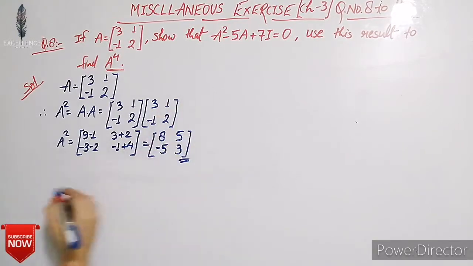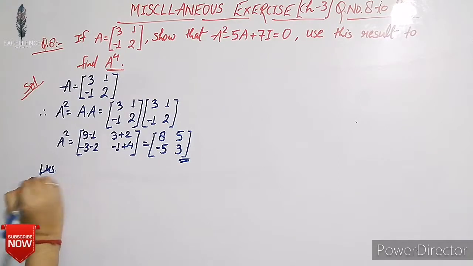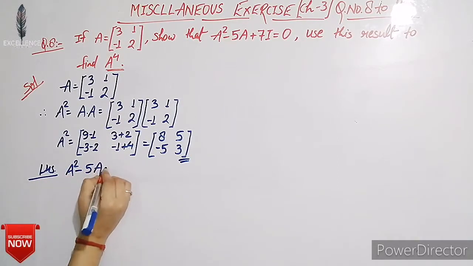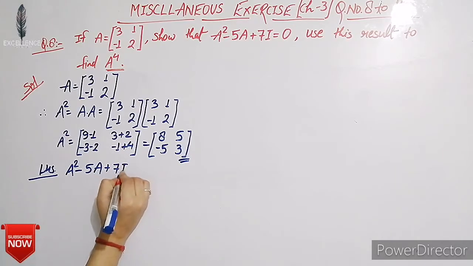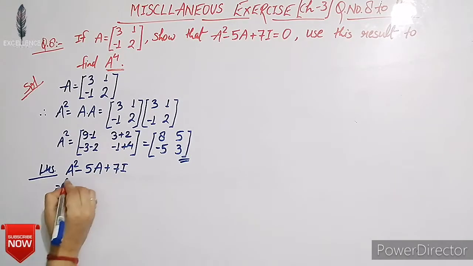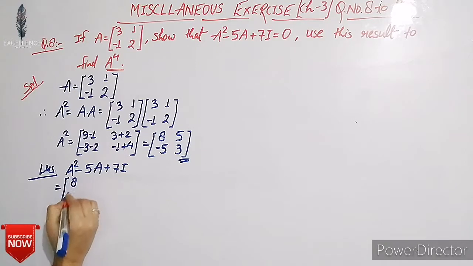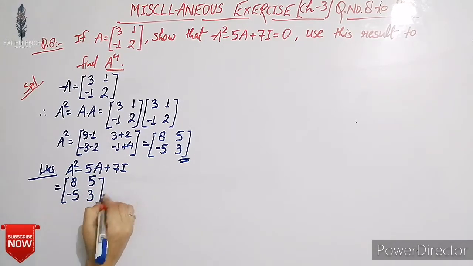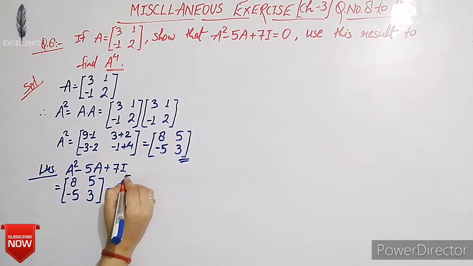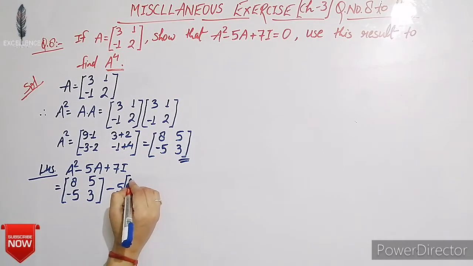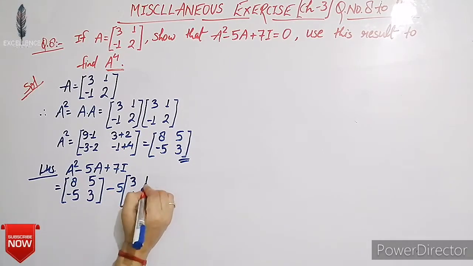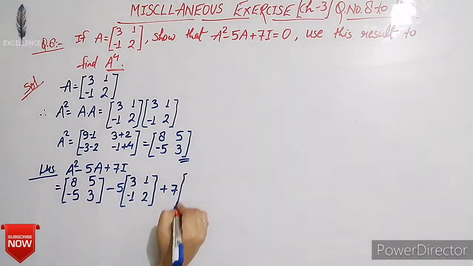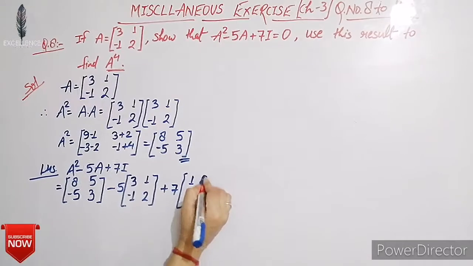Now LHS is equal to A square minus 5A plus 7I. Put the value of A square, that is [8, -5; 5, 3], minus 5 multiplied by A. Value of A is [3, -1; 1, 2], plus 7 into I. I is the identity matrix of order 2, that is [1, 0; 0, 1].